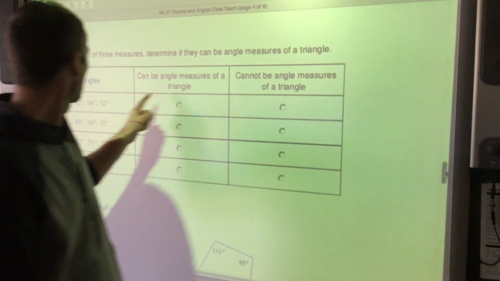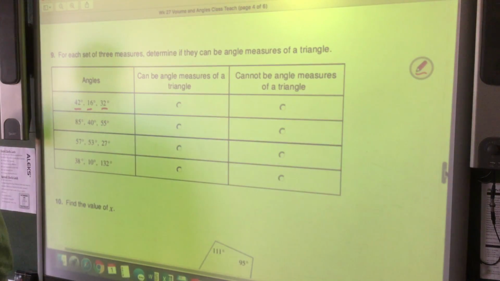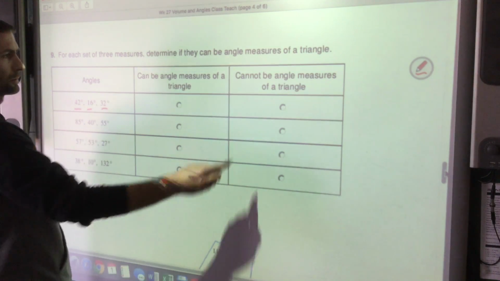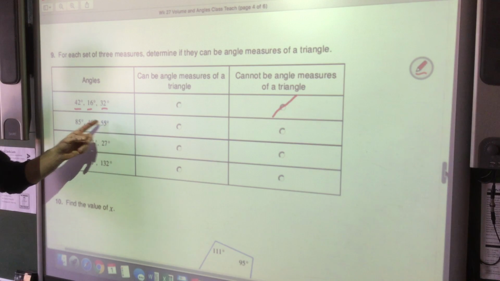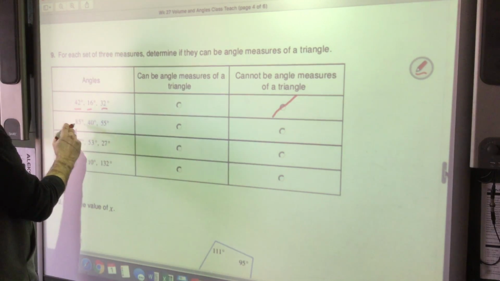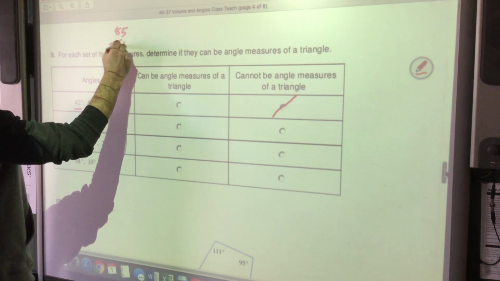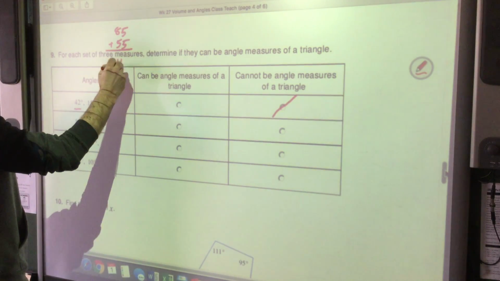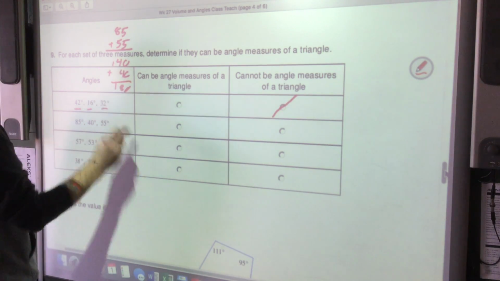So for this one then, let's see which of these are triangles. That plus that plus that, that's not even close to 180. That's way less. So that cannot be angle measures of a triangle. That plus that plus that, that looks about 180. Let's add them up and see. 85 plus 55 is 140, plus another 40. Yeah, that's 180. That's a triangle.